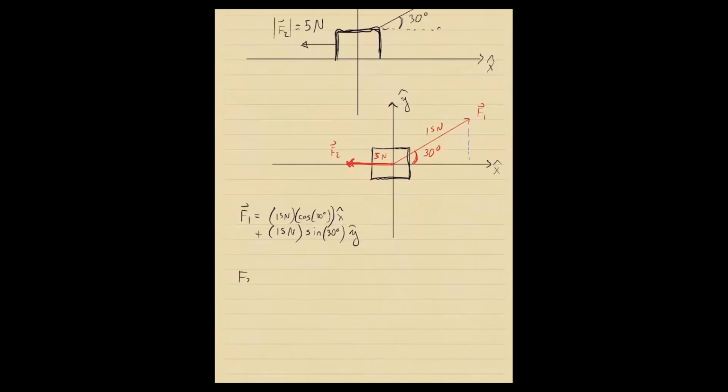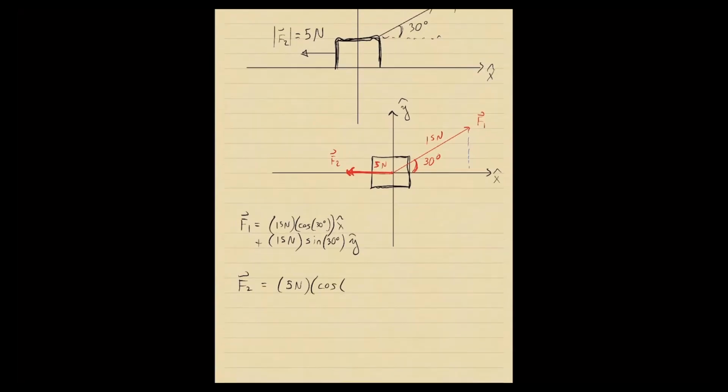Now F2 is going to be equal to its magnitude. Its x component is going to be equal to its magnitude of 5 newtons times cosine of its angle between where it's pointing and the positive x-axis. So what is the angle between our positive x-axis and our vector F2? In this case, F2 is pointing in the negative x direction.